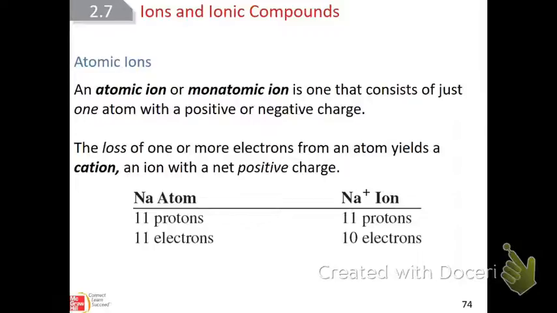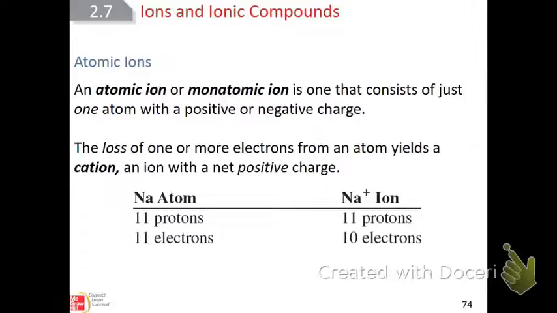And if you lose something that's negatively charged like an electron, then you're going to become positive. And if you now have a charge, you can no longer be called an atom, because atoms must be neutral. And so they gain a positive charge, and they're called ions. And a positively charged ion is called a cation.